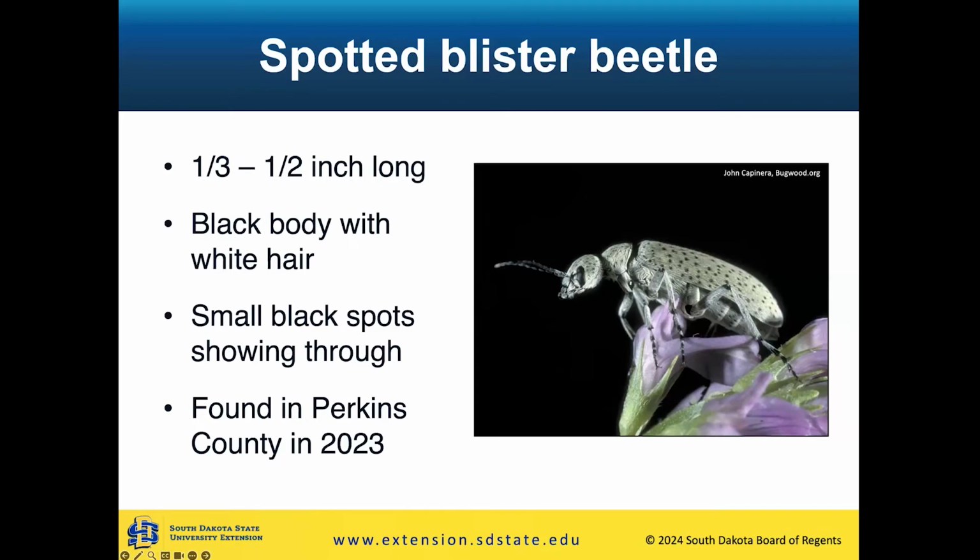So we actually were doing, this was part of a different research project, doing some sweep netting, and we went to about every county in the state, and I did find one of these guys up in Perkins County just last year. So we do have them.